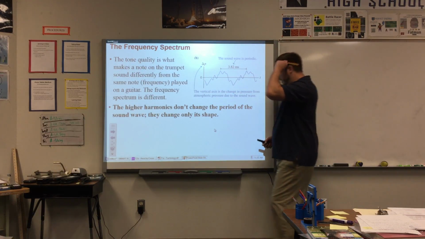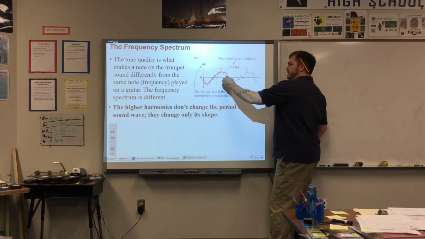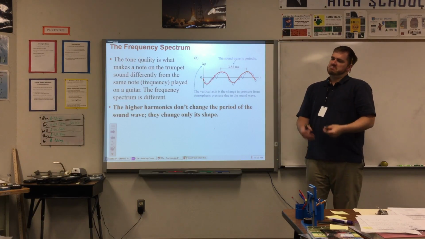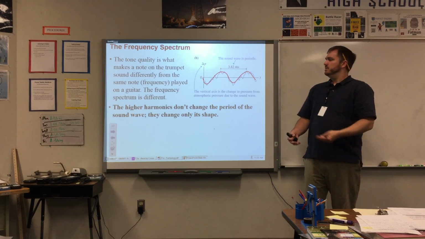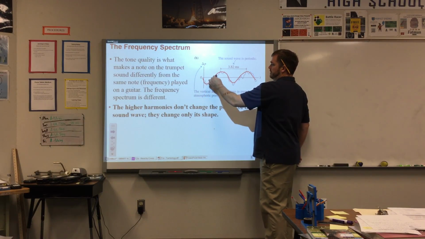So the question is, could you approximate that with one major wave? Yes, sure. It wouldn't be a great approximation, but it'd be a good first start. But then we notice that it goes up and down, up and down.